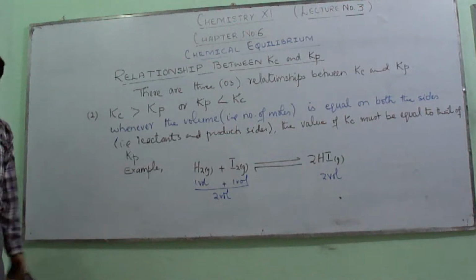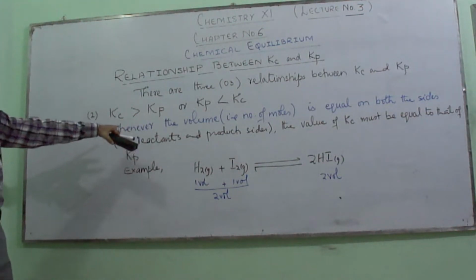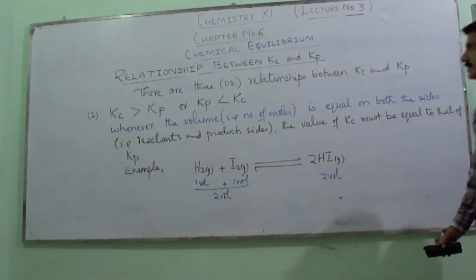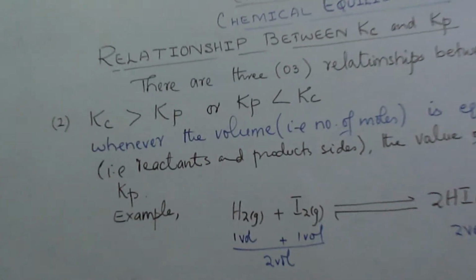Both mean the same. Now this is the condition, my dear students, when the volume or number of moles on the reactant side becomes greater than that on the product side.